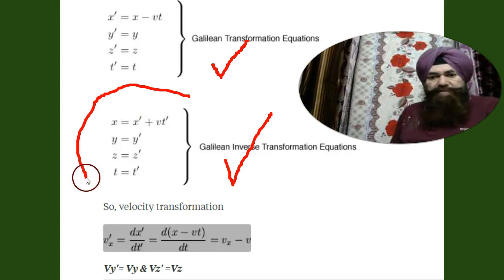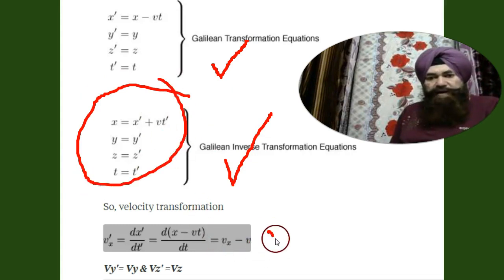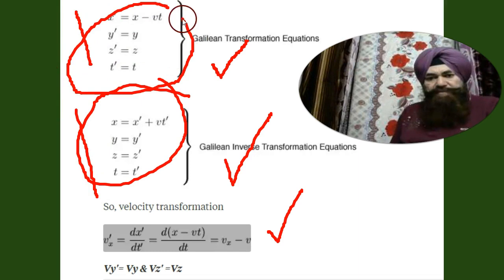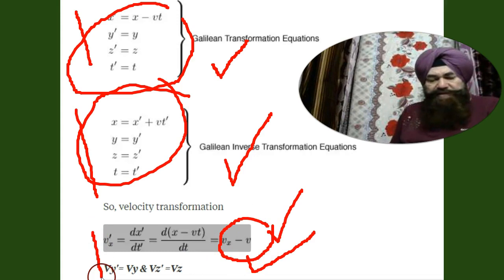Now, Galilean transformation equations and Galilean inverse transformation equations, remember, two sets. And for the equations for velocities, just differentiate this one or this one with respect to time, and you get the velocity transformation equations. And velocity is a variant quantity.